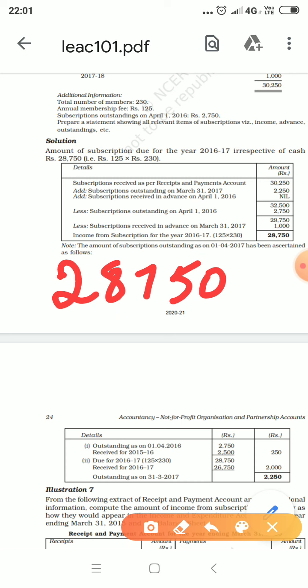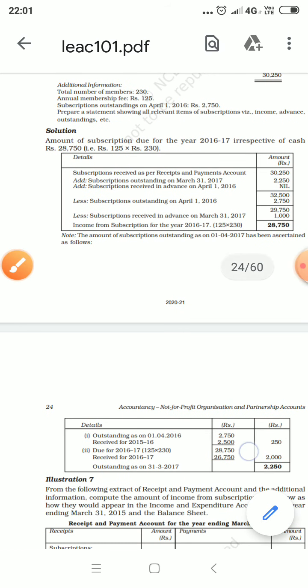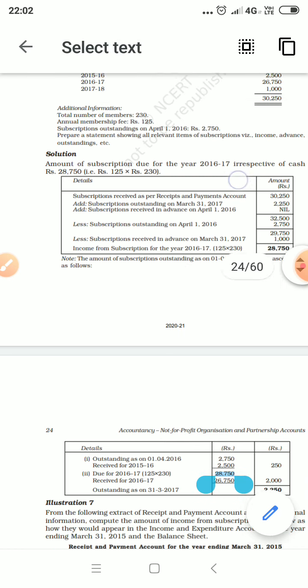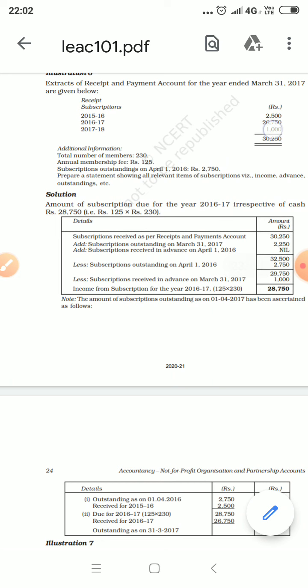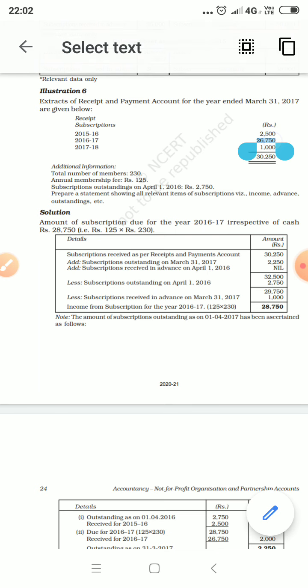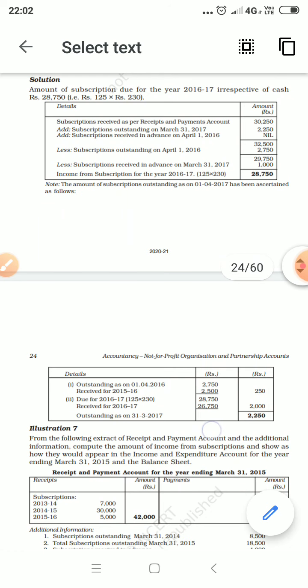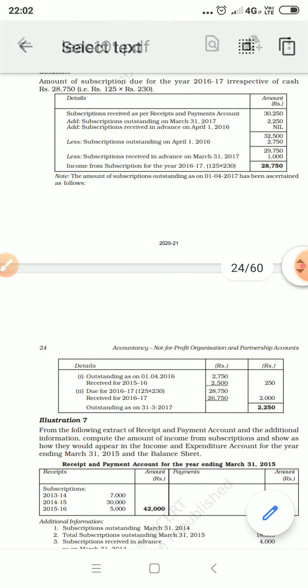It is available here. 28,750 is the total amount of subscription for the current year which we have to receive, out of which we have received only 26,750. It is given in the question. So what is the current year's outstanding? 28,750 minus 26,750, 2,000 is the current year's outstanding.